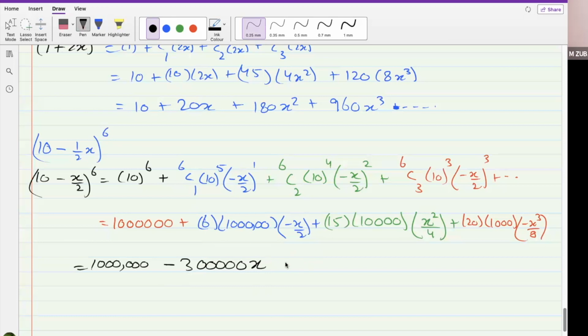And then we have 15 divided by 4 x squared. The main thing is the first line. The second step and third step are just the simplification. 20 divided by 8 is 2.5 and with a negative sign, so negative 2.5 x cubed.